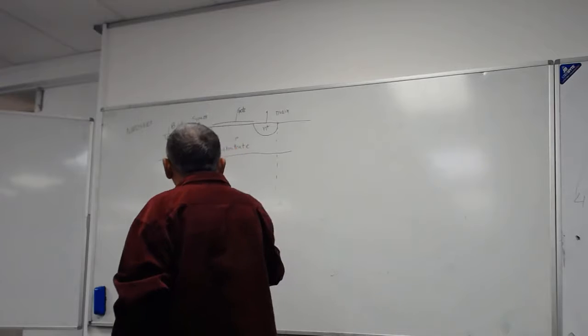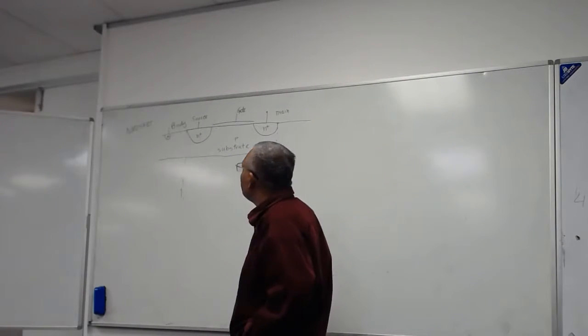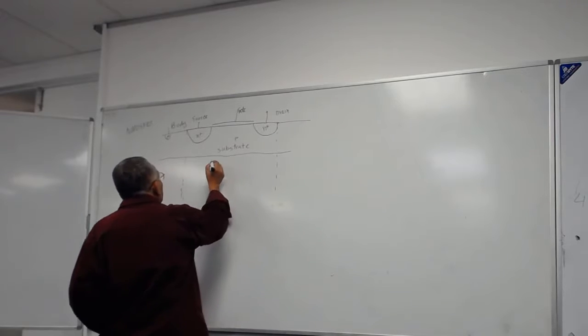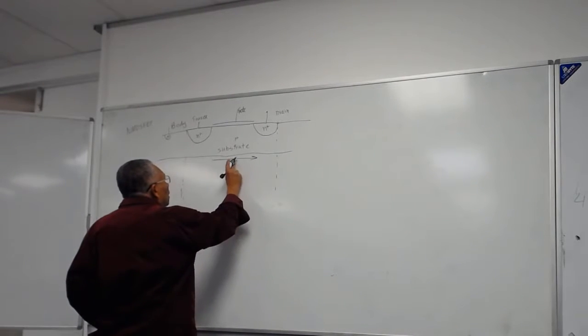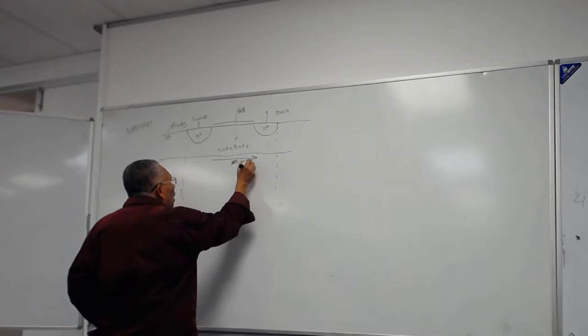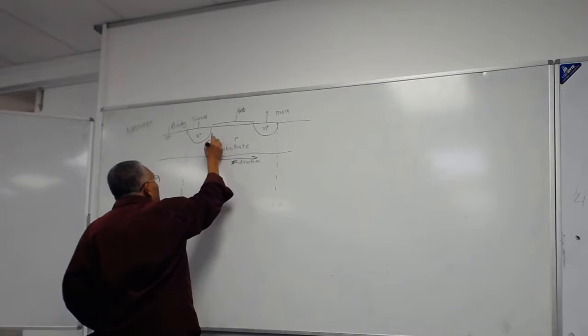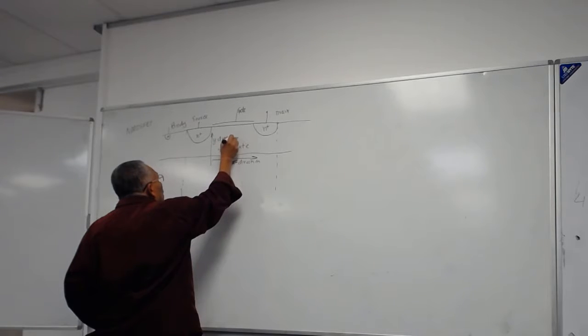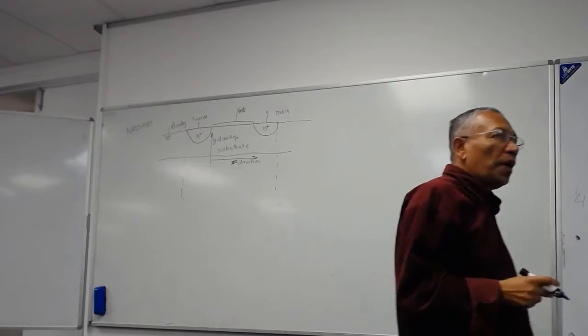So in that case, we also want to give a direction. We can call this the X direction. And we can call this the Y direction. X and Y, okay? So these are two axes.